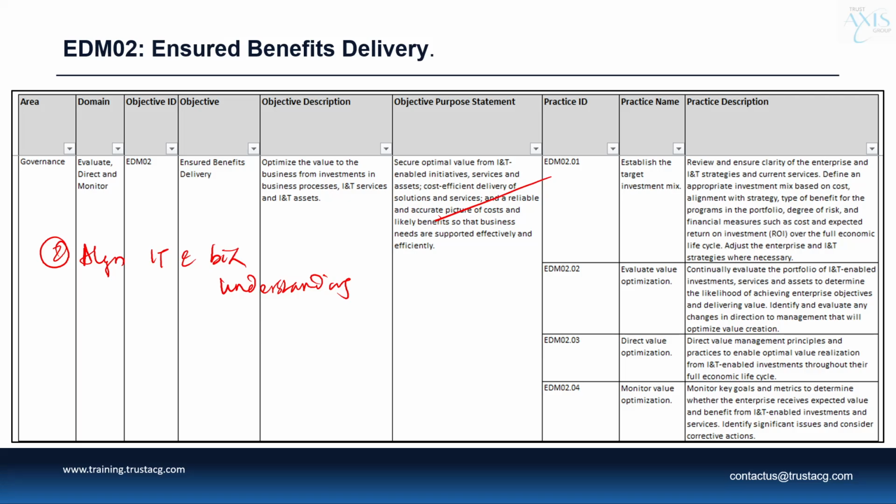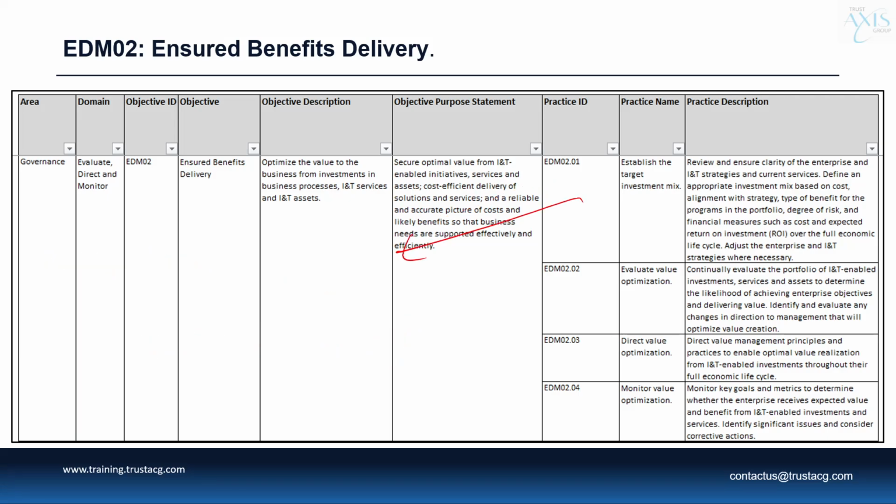Okay. So this will help bridge the traditional IT and business communication gap. Okay. So this will help you achieve at least a maturity level of 2.